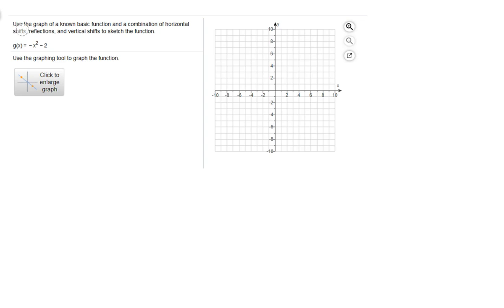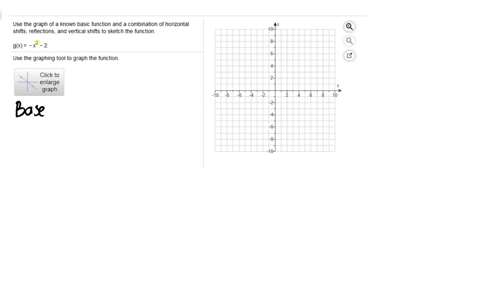This next example says use the graph of a known basic function and a combination of horizontal shifts, reflections, and vertical shifts to sketch the function. Our function is g of x equals negative x squared minus 2. So our first thing we need to do is take notice of the power of the 2 right there. That's going to tell us what our basic function is.